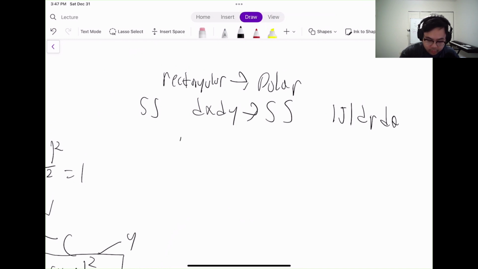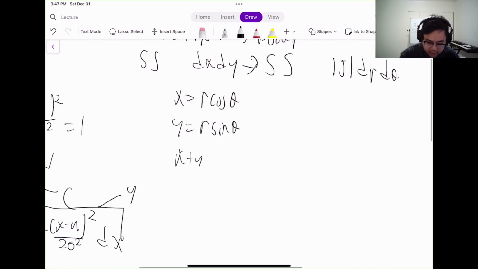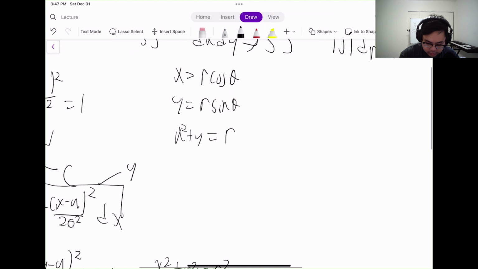Normally x equals r cosine theta. That's a well-known fact from pre-calculus. Y equals r sine theta. And then we know that x squared plus y squared equals r squared.